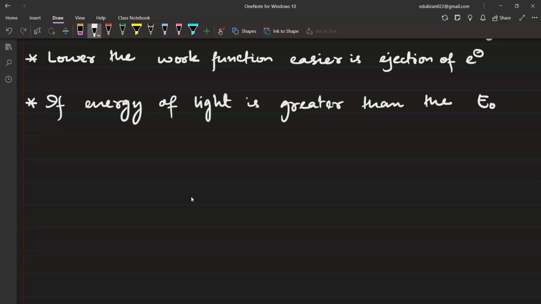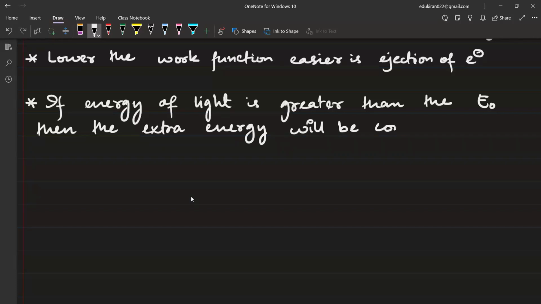Is greater than threshold energy, then the extra energy will be converted to kinetic energy of electron.